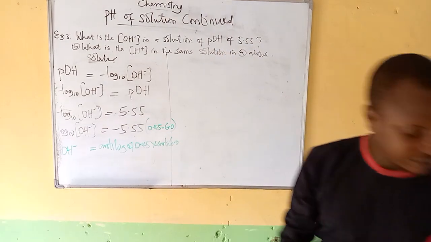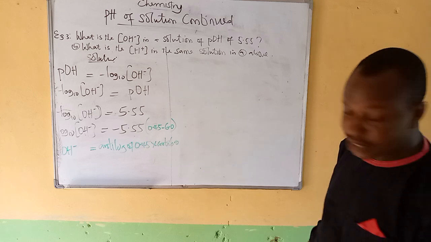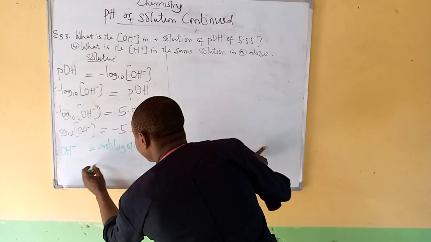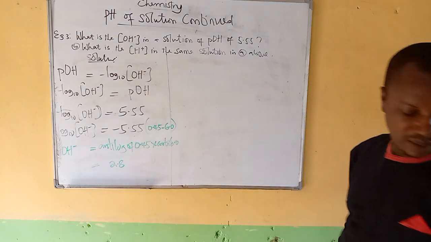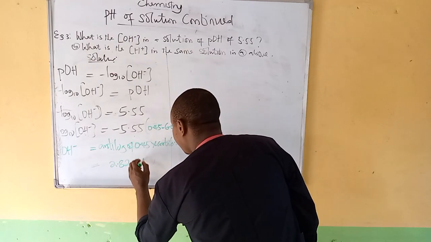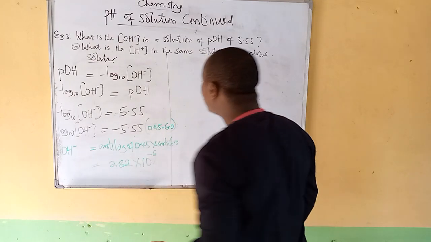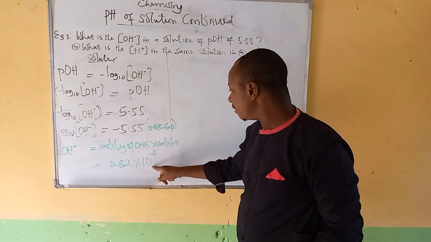If you press your calculator very well, you know that the anti-log of 0.45 is 2.8 approximately. Check very well. Let me press again. 2.82 approximately multiplied by 10 raised to power minus 6. You can as well decide not to find the anti-log of this and just multiply by 10 raised to power 6.